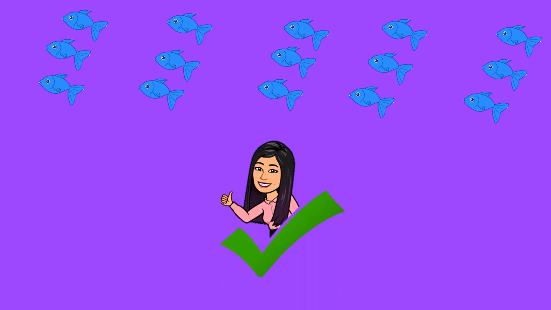Can we use multiplication to find the total number of fish? Yes, we can use multiplication. There are 5 groups of 3 fish. We have the same number of fish in each group, so we can use multiplication.